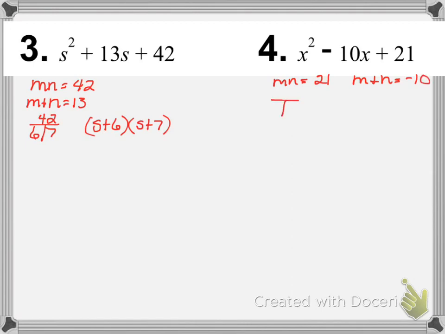So we make our table. I know that I've got 3 and 7. But since they have to add to equal -10, and 21 is positive, the magic numbers are either both positive or both negative. In this case, they are both negative. So I have x minus 3, x minus 7.